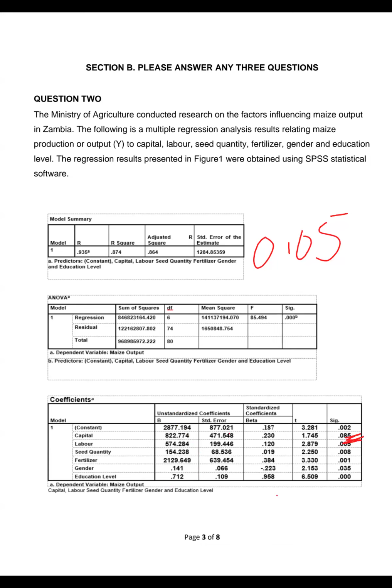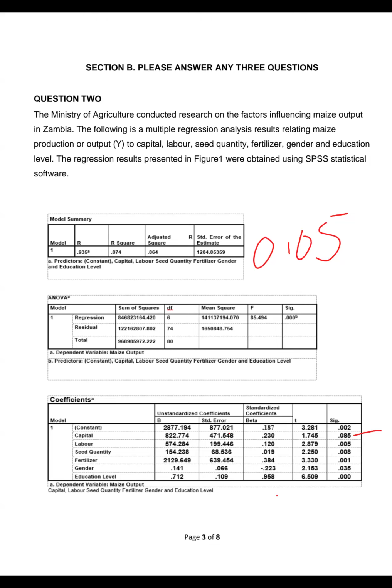Is capital significant? No. It's greater than 0.05.